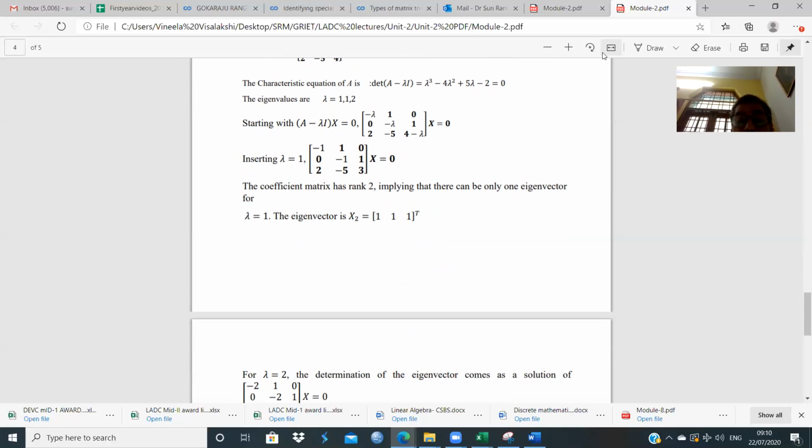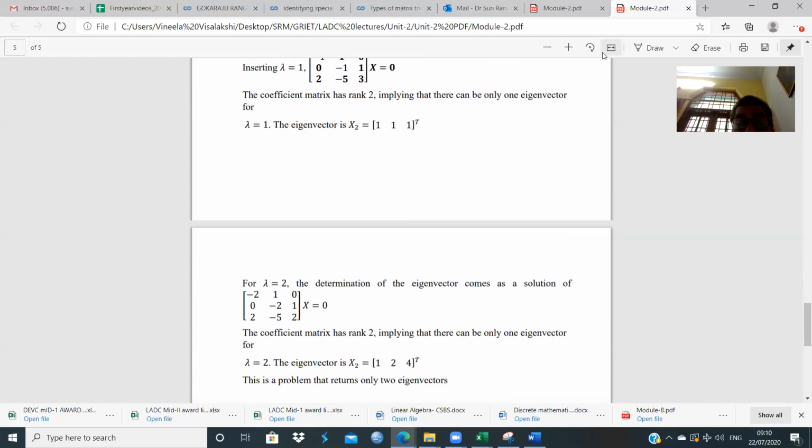Therefore, it produces exactly one vector by selecting any two linearly independent rows, and we get [1, 1, 1]. For lambda 2 is equal to 2 again, we find the rank of the coefficient matrix is 2, returning only one vector. So we have exactly two eigenvectors for this matrix, not 3.